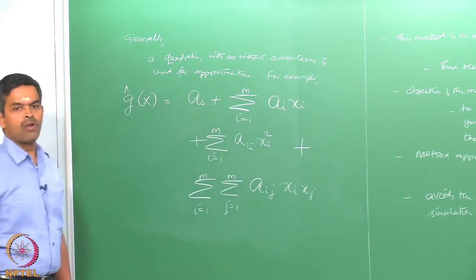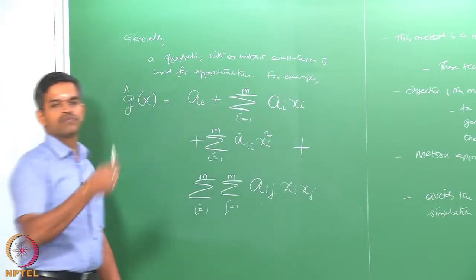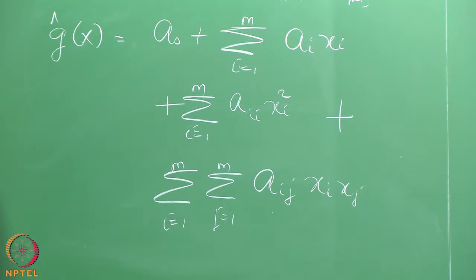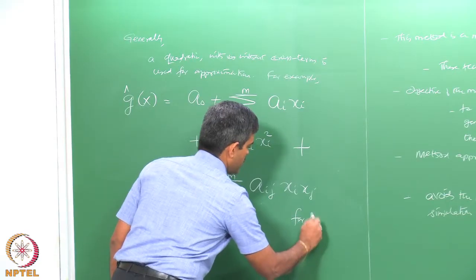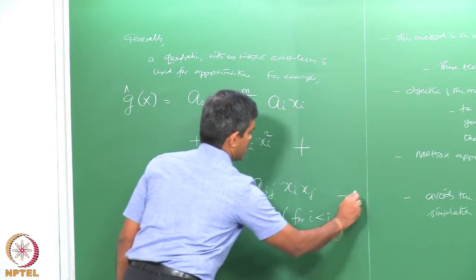Of course, you can have a polynomial without the cross terms also or with the cross terms also, for i less than j, equation number 1.